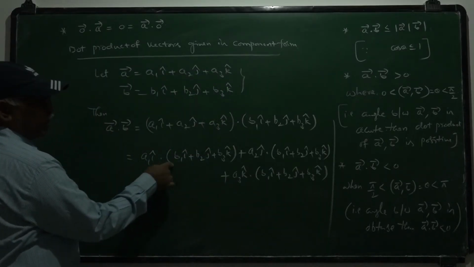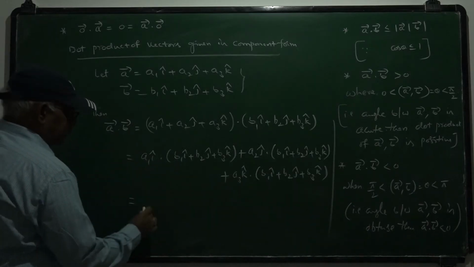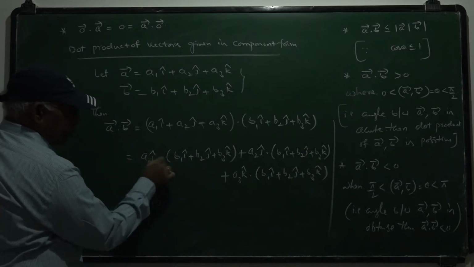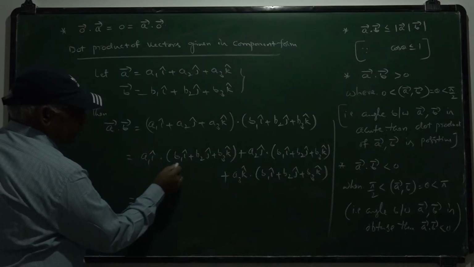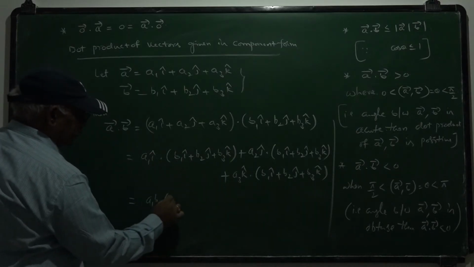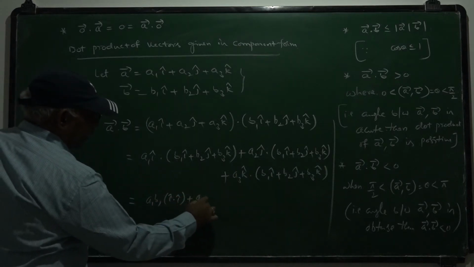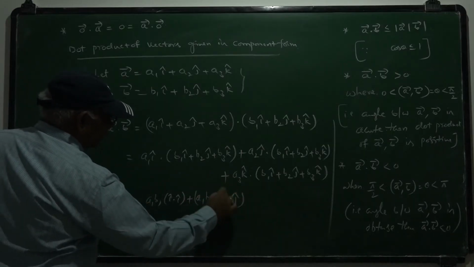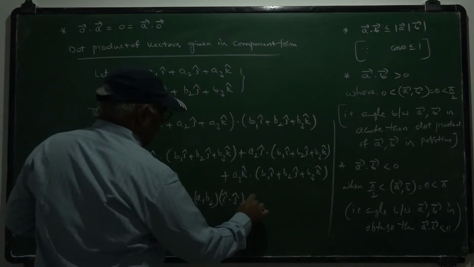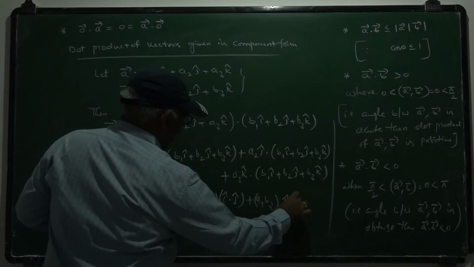Again, the distributive law can be applied here. A1 into B1, because these two are scalars, and the dot product applies between the two vectors i cap and i cap, so i dot i. Similarly, A1 B2 i dot j, A1 B3 i dot k.